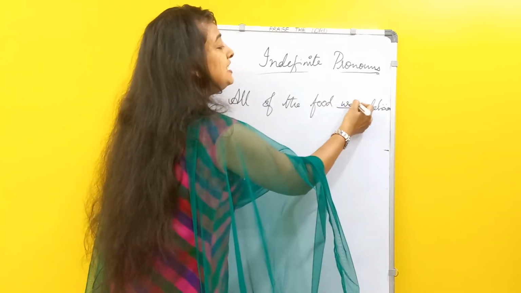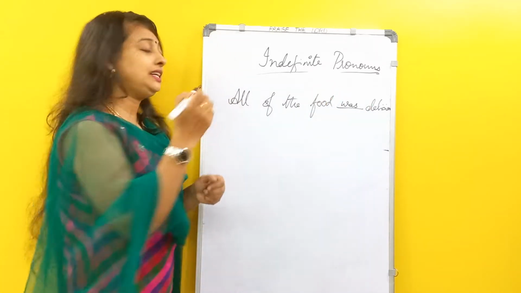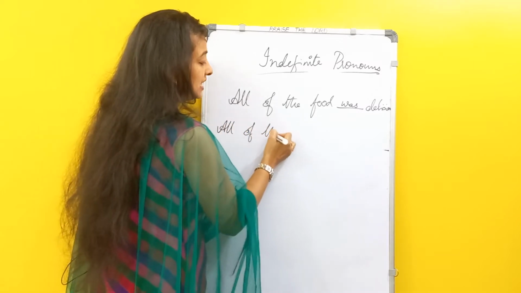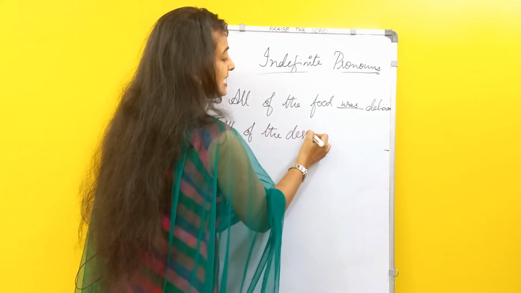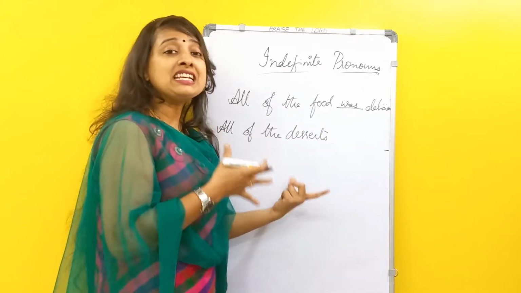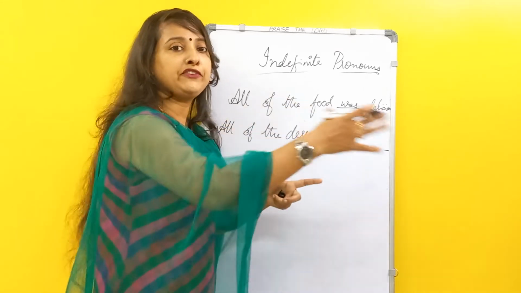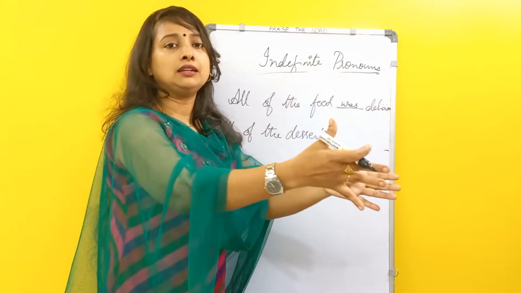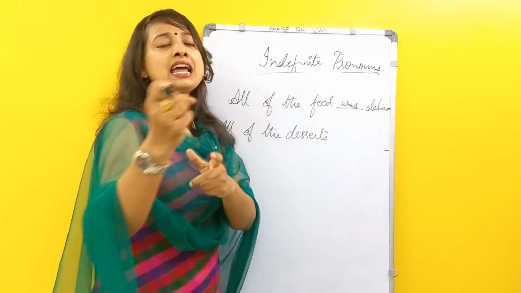It's was delicious. Similarly, instead of saying food, all of the desserts. When we are saying desserts, it can be different types of desserts. Ice creams, some pastries, cakes, everything.